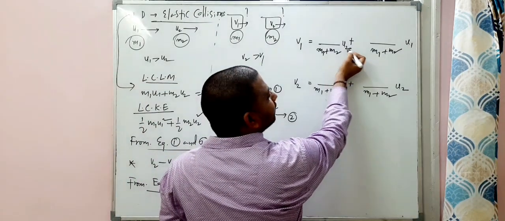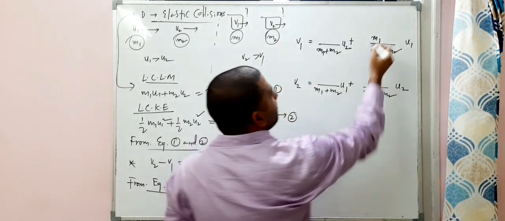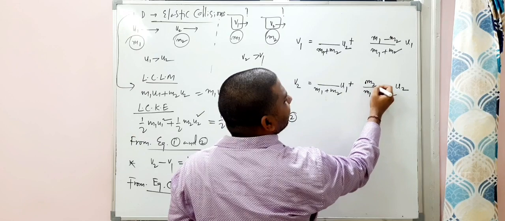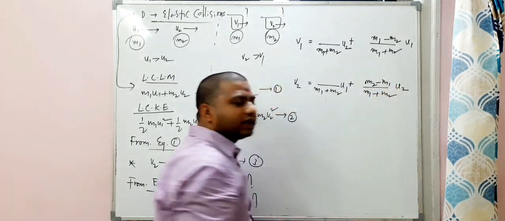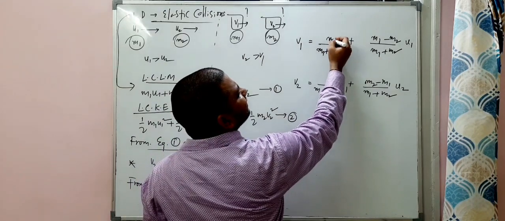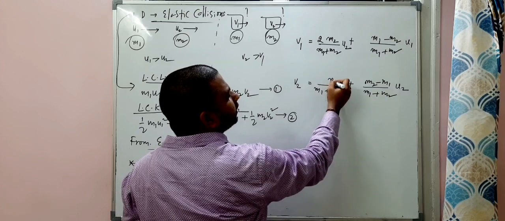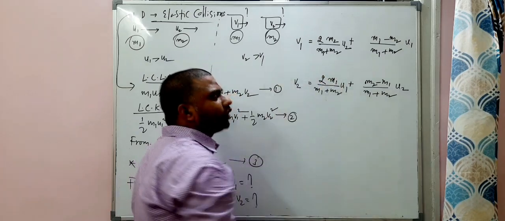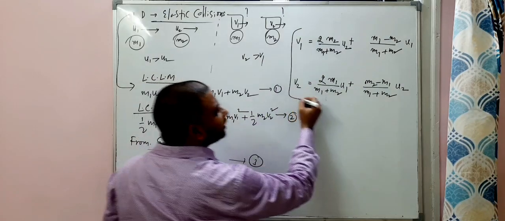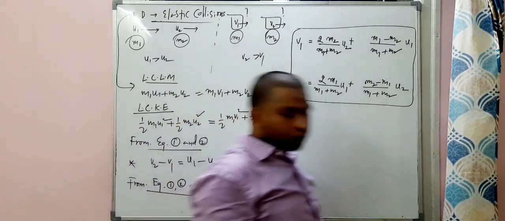Here it is U1 and this is m1 minus m2. Here it is U2 and that is m2 minus m1. Coming back here, it's U2 with 2 m2, and here it is U1 with 2 m1. So this is the expression for the final velocities of the bodies after the collision.